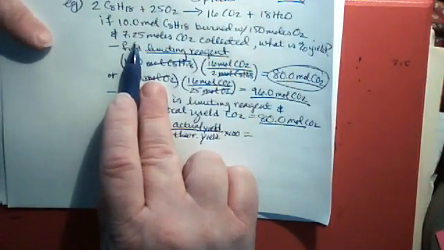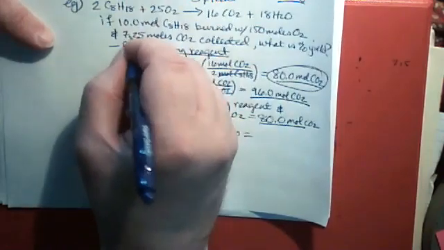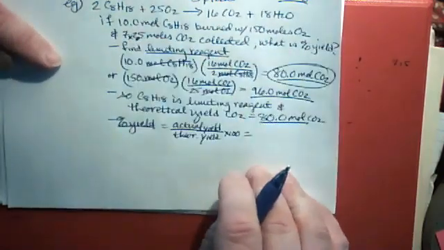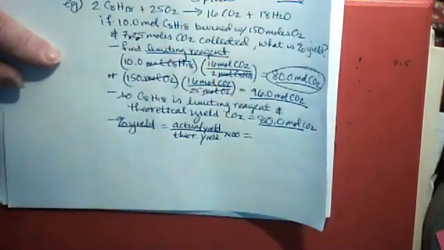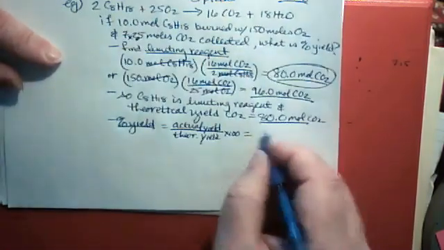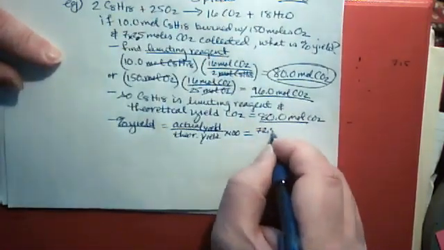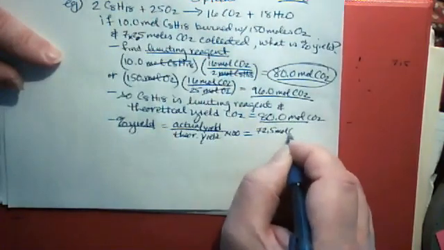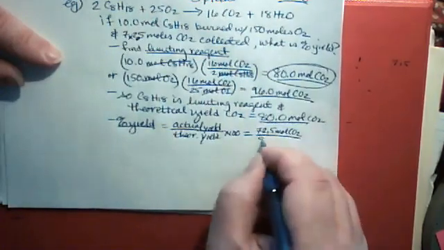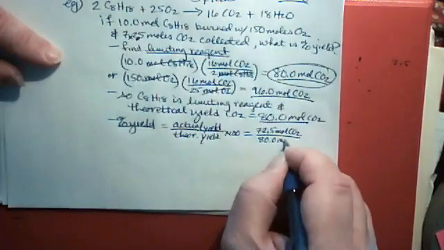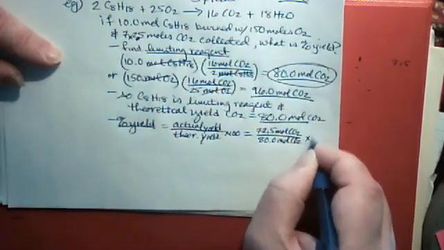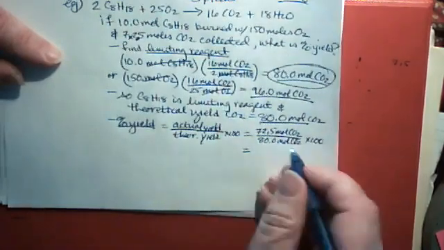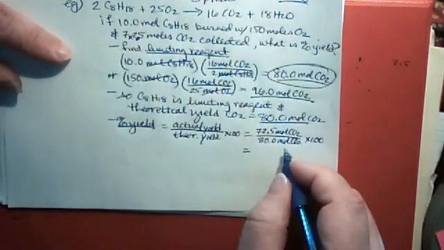Is that right? 72, sorry, misplaced that decimal point. Yeah, that would be a really small yield. 72.5 moles of CO2 was collected. And we expected 80 moles. And that ends up being 90%.